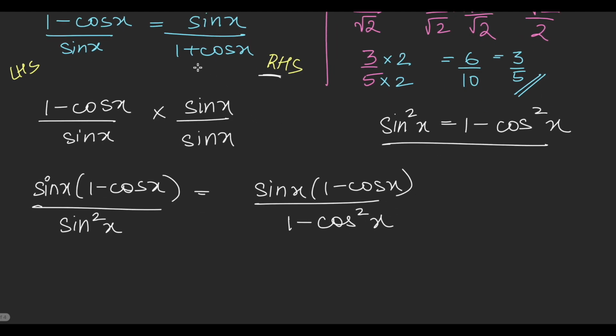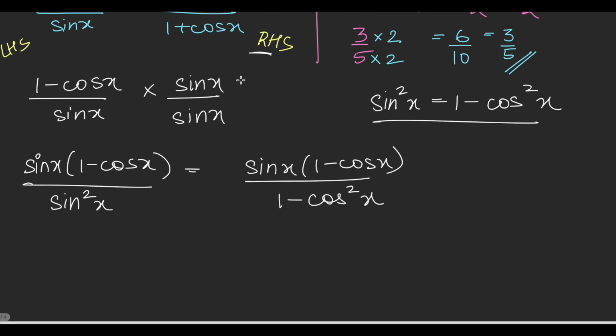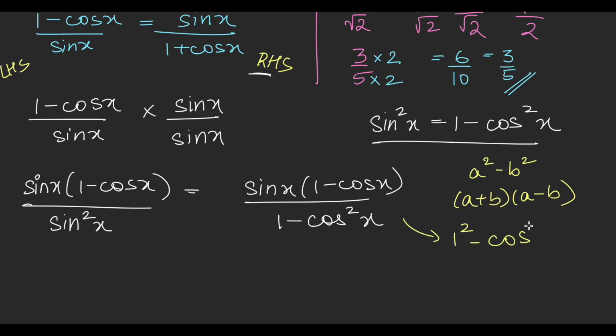Now still, look at the pattern here. I want to cancel 1 minus cos x in my numerator, and I want 1 plus cos x in my denominator. Now what can I do to this to get RHS? Very simple. If I had an equation which is a square minus b square, we know that this can be written as a plus b, a minus b, correct? Similarly, if I had 1 minus cos²x, I can also write this as 1 square minus cos²x, because essentially 1 square is equal to 1.